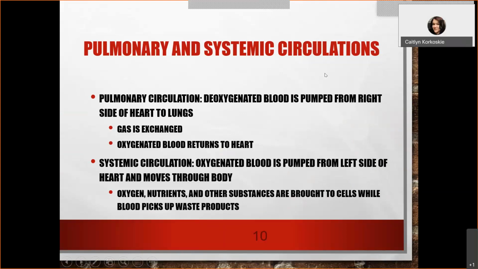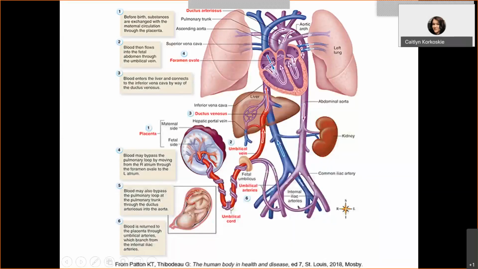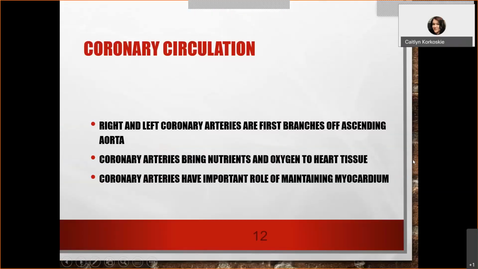So the blood comes into the right side and gets pumped out of the left side once it's got all of its oxygen and nutrients back, to then be circulated through the body to start the process all over again. So this is an image of how the exchange kind of happens. I'm going to again post this on your page to look at this further, but that was just a quick image for you.